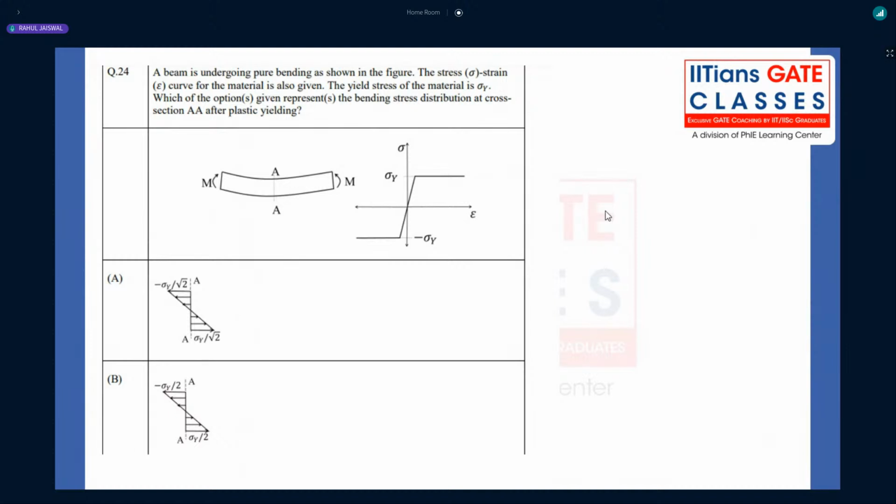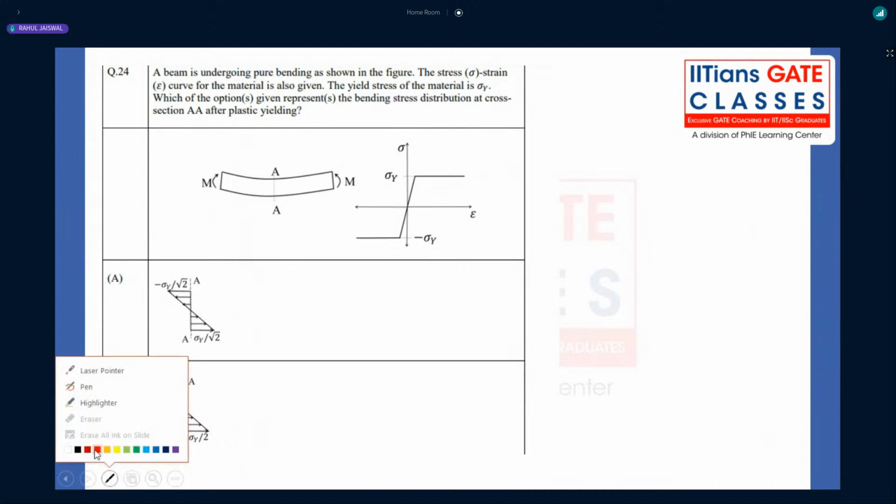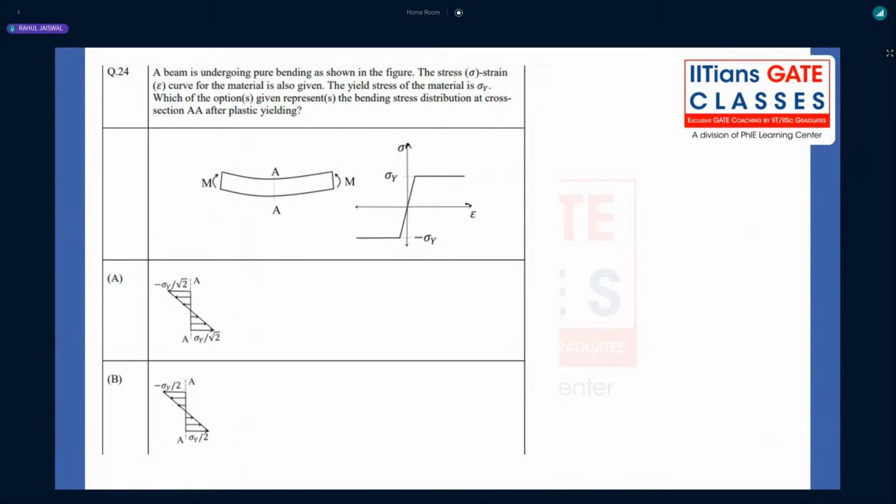This particular diagram is for an elastoplastic material, and based on this graph, the question is for the elastoplastic bending case.